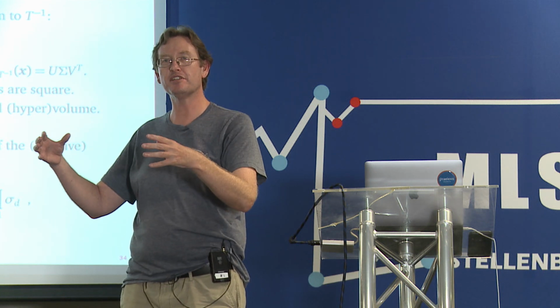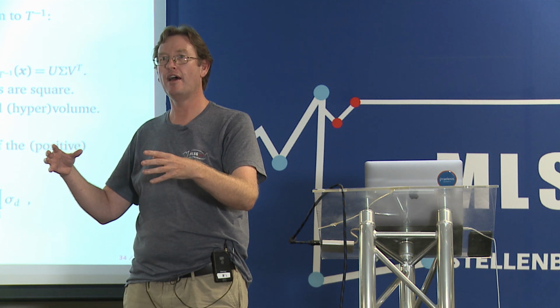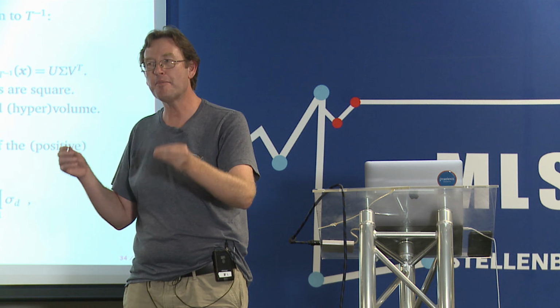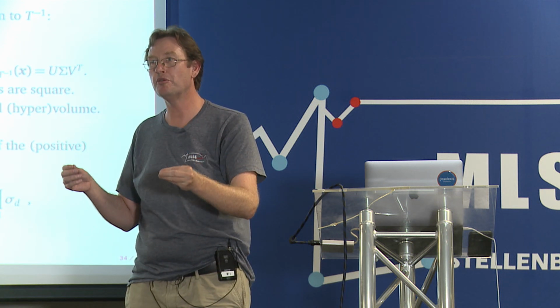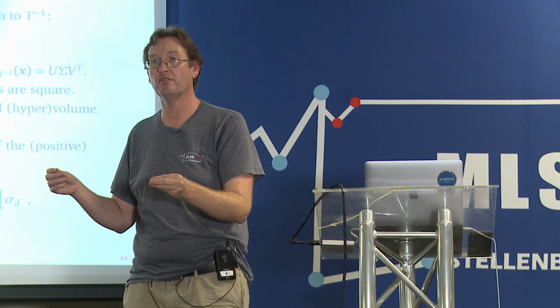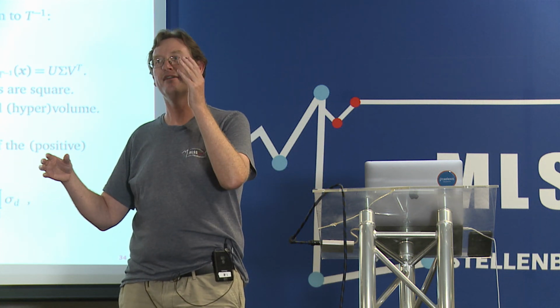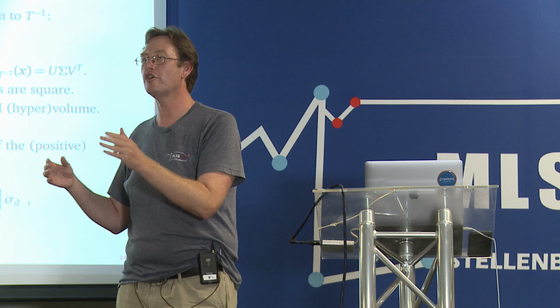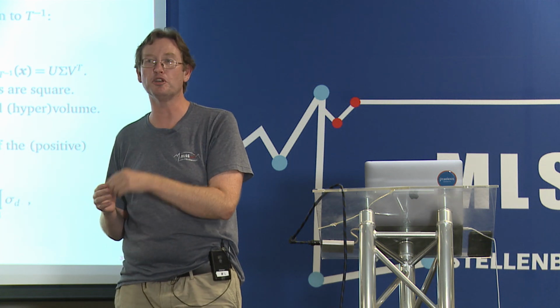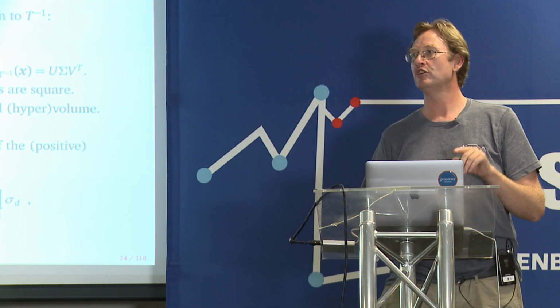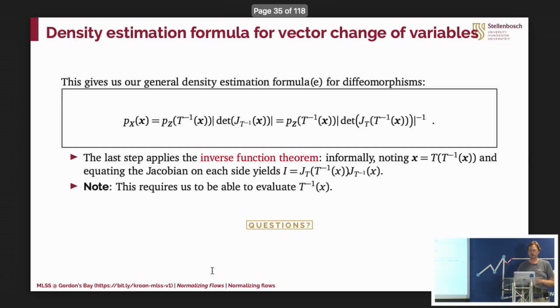When I have a high dimensional space, that stretching is going to be quantified by the absolute value of the determinant of the Jacobian. And that's the argument we had here. You don't need to remember the argument now, because we are going to focus later on how do we work out this Jacobian determinant, but that is the key component that we need to take on more complex distributions.